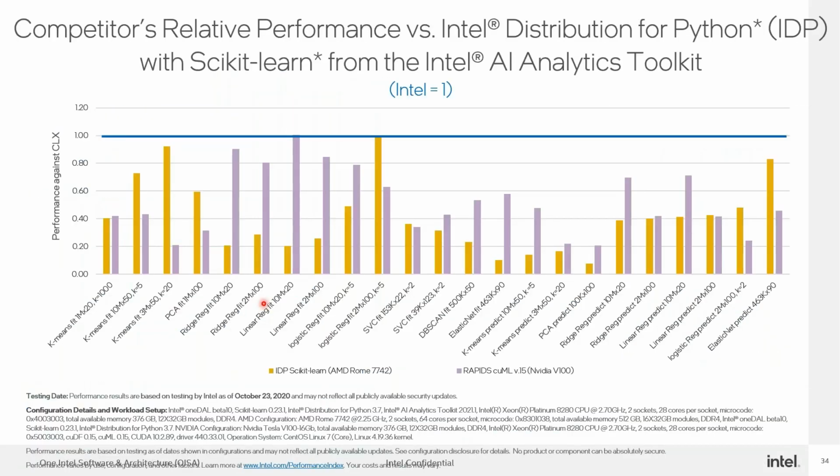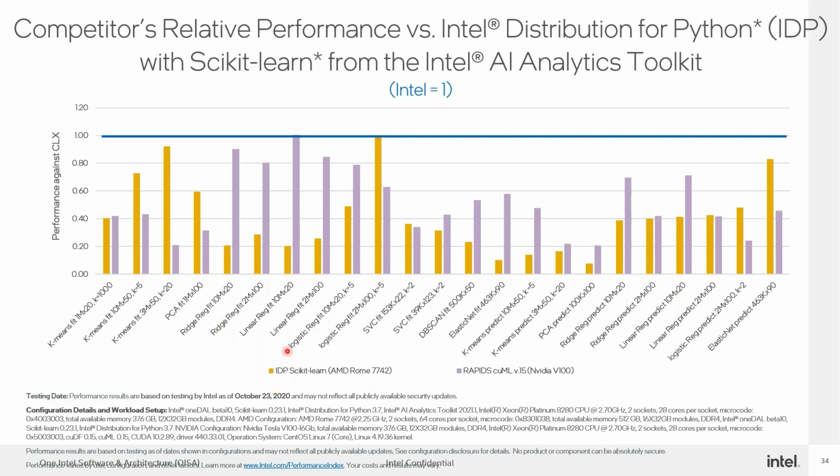Also, this is the result comparing the performance of scikit-learn workloads like k-means, PCA, linear regression, these different workloads on Intel platforms, on AMD Rome, on NVIDIA V100 graphics card.